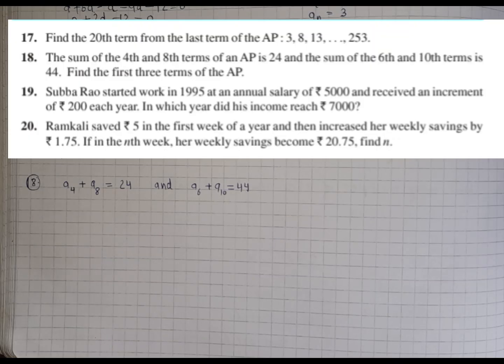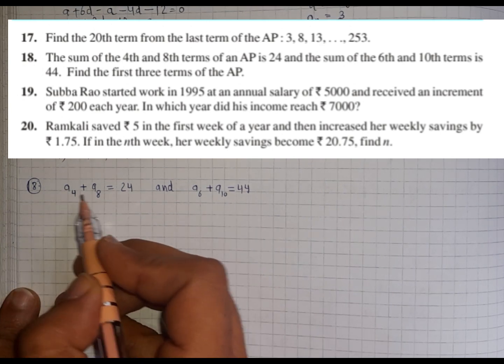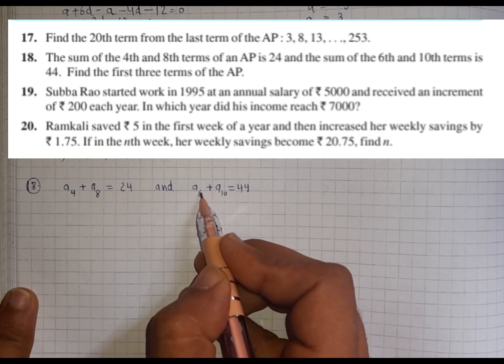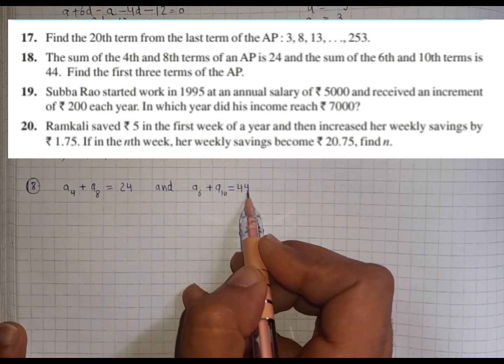18th question. The sum of the 4th and 8th terms of an AP is 24 and the sum of the 6th and 10th terms is 44. Find the first three terms of the AP. So here, the 4th term and 8th term, after adding, give 24, and the sum of the 6th and 10th terms is 44.